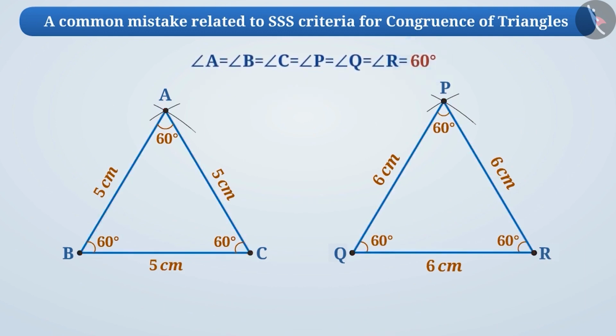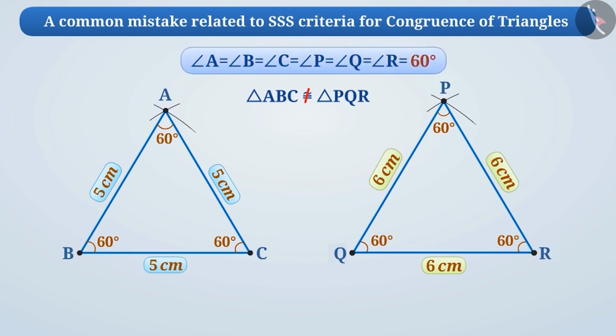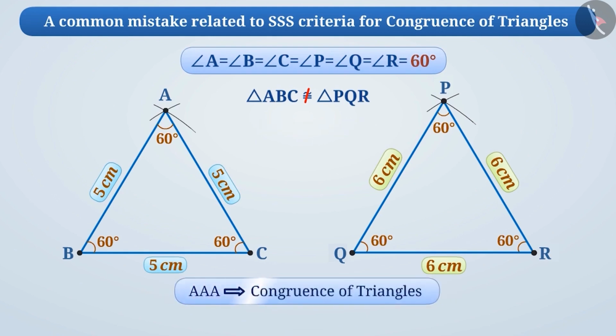So, are they congruent? Think for a while. No, because the lengths of their corresponding sides are not equal. Therefore, no two triangles can be called congruent solely on the basis of the measure of their angles. Therefore, the congruency of two triangles cannot be checked by the AAA criterion.